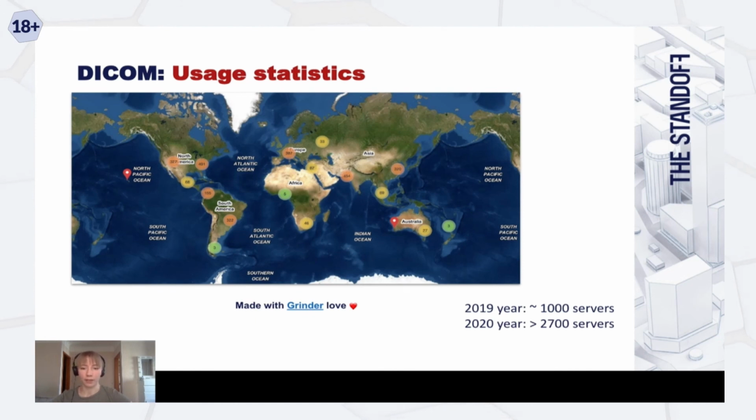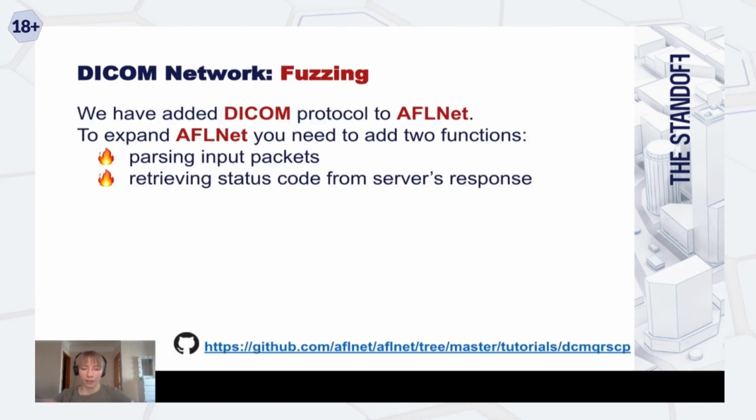But when in 2020 I asked to make the rescan of DICOM servers on the internet, it turned out that there were more than 2,700 servers, which proves that the use of the DICOM protocol is increasing, but seems like not too many people are addressing the security issues in the implementation of its protocol.